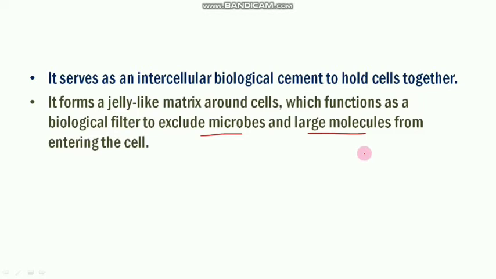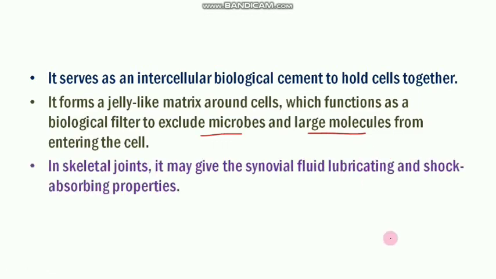So we can see that the microbes and other large molecules are prevented from entry into the cell with the help of the jelly-like matrix formed of hyaluronic acid around the cell. In skeletal joints, it gives the synovial fluid lubricating and shock-absorbing properties that we have discussed already. So these are the main functions of hyaluronic acid.